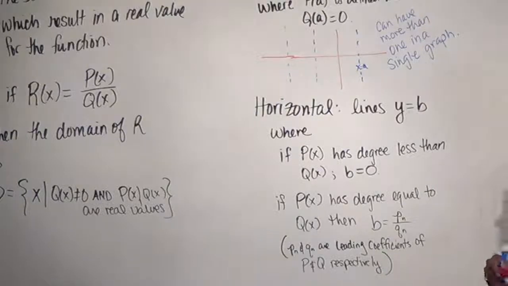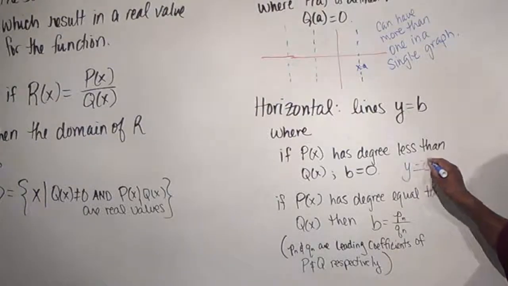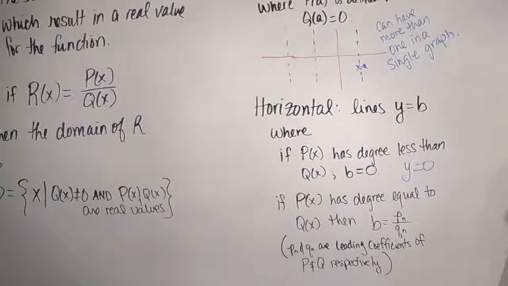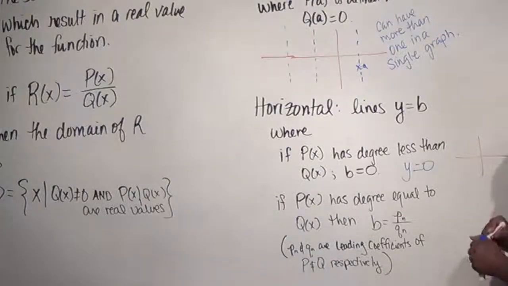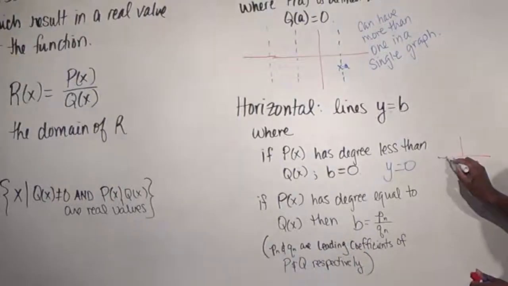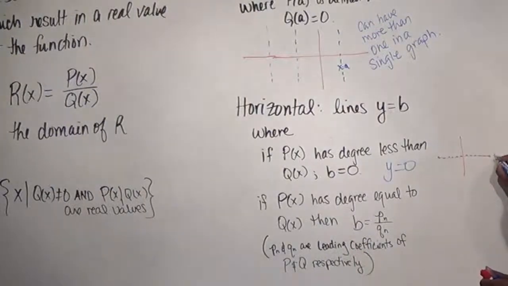Or, in other words, y equals 0 is my horizontal line that gives the asymptote. So on a graph, the x-axis is going to be the horizontal asymptote.